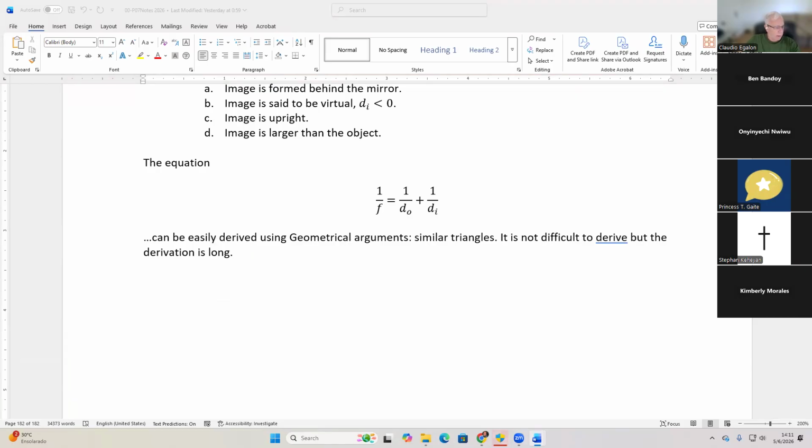Let's see if we can get that here. We don't get that here from my notes. We'll get that from the book. Oh yeah, here you go.